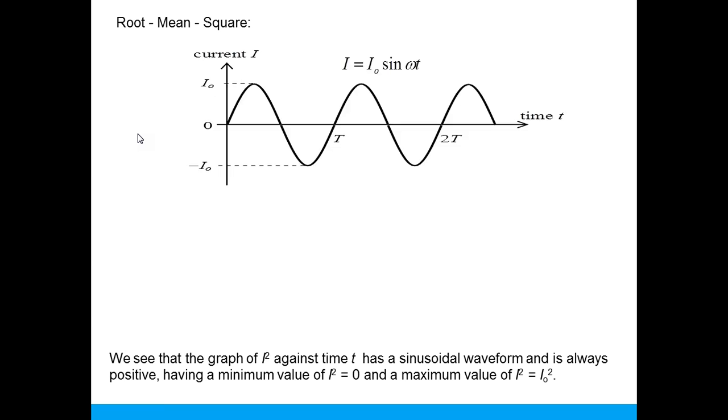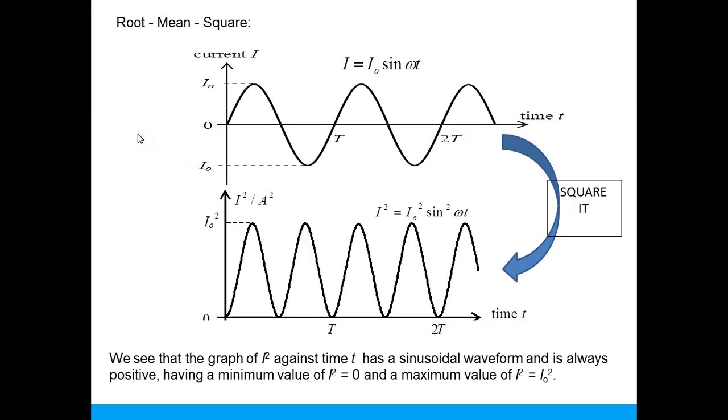Now, back to the main flow of the topic. We are given the I current versus time graph. We square it, we get the I square versus time graph, as I've shown before in the previous slides.